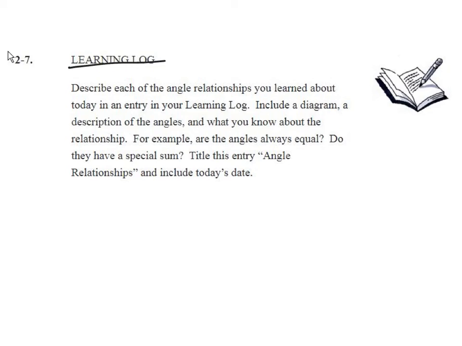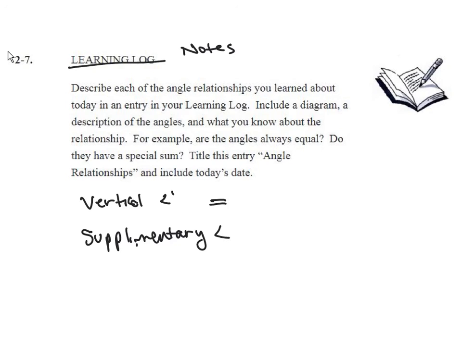Learning log, again, is another name for notes. Make sure you take time to debrief what you learned in this lesson. So you might want to write in here what vertical angles are, and what their relationship is, that they're equal, what supplementary angles are, and what their relationship is, that they equal 180 degrees, complementary, and what their relationship is, that they equal 90 degrees.